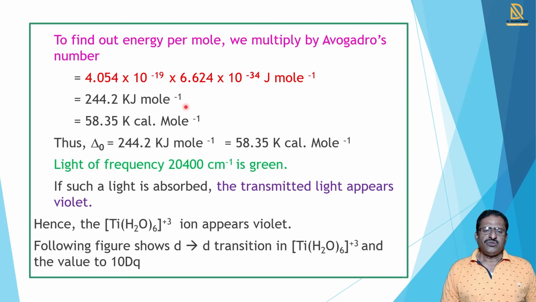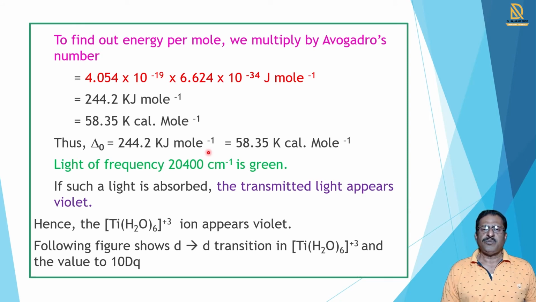Now, this kilojoule we can convert into kilocalories, and by converting, we get 58.35 kilocalories per mole. Means this 244.2 kilojoules per mole or 58.35 kilocalories per mole are the values of delta, or the values of 10 Dq.